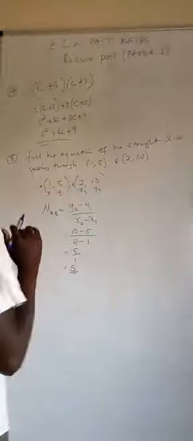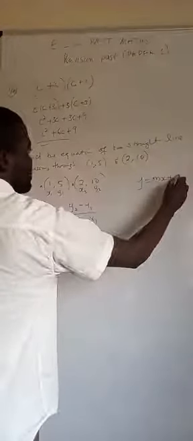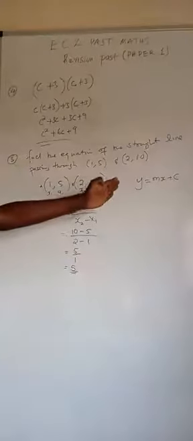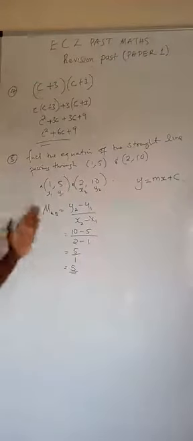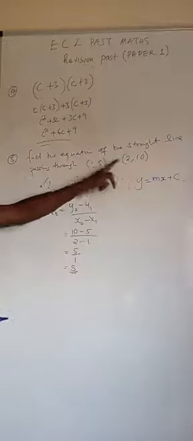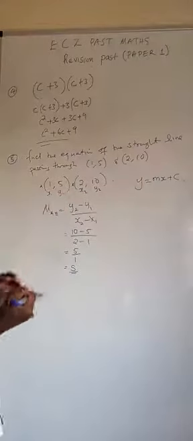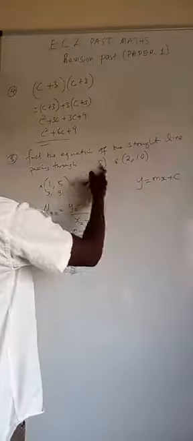The equation of a straight line is represented by the formula y is equal to mx plus c. When you write the equation of a straight line, you pick any of the points that you feel comfortable with. You can pick the first one or the second one. This time, I'm choosing the first point, which is 1,5.